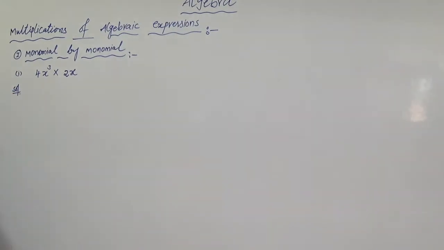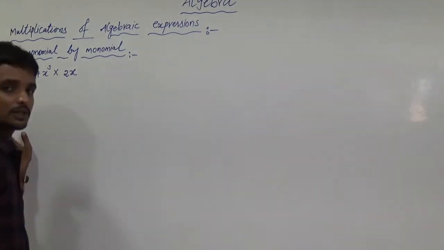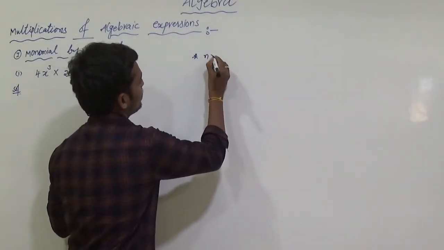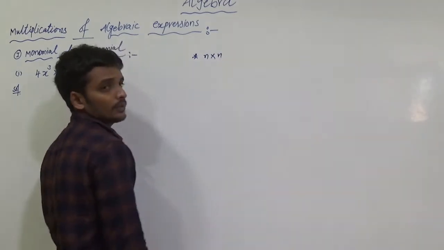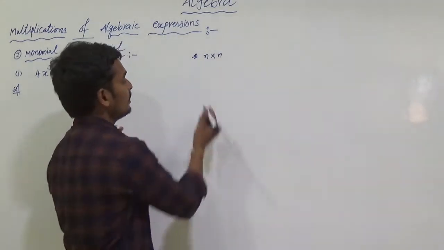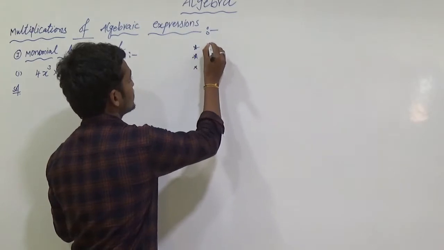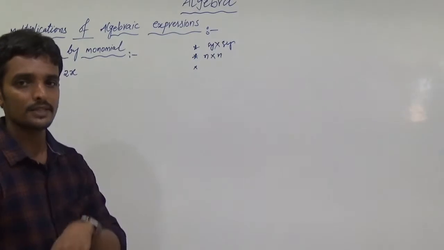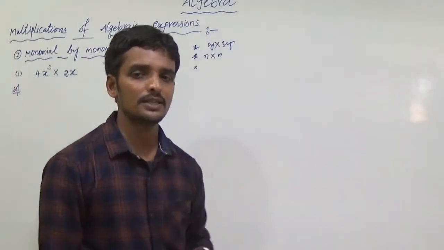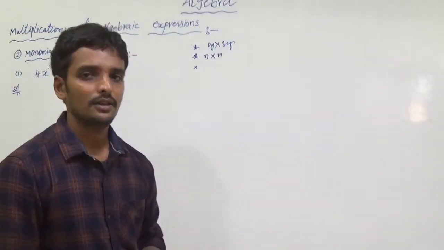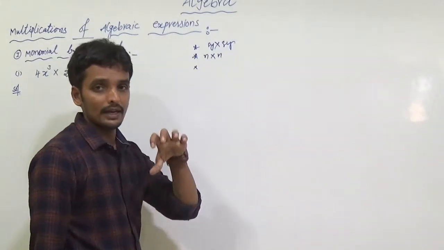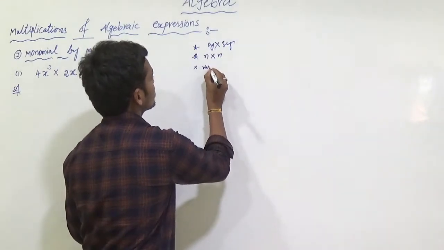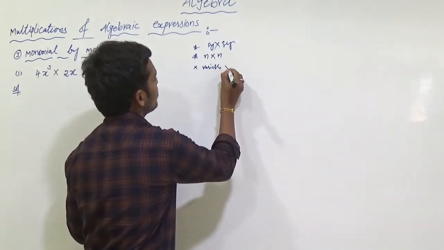When we are doing multiplication of monomials or algebraic expressions, the important things are, the first step is symbol into symbol. We have to multiply the symbols first. Plus into plus, minus into minus, plus into minus, minus into plus, like that. Then numbers, we have to multiply numbers with numbers. And the third one is variables with variables. That means the same variables with the same variables.